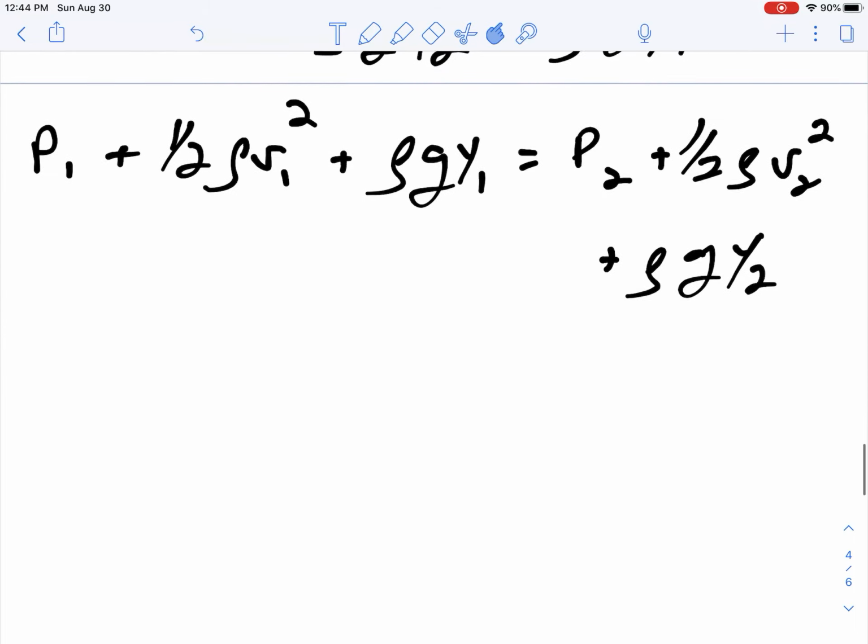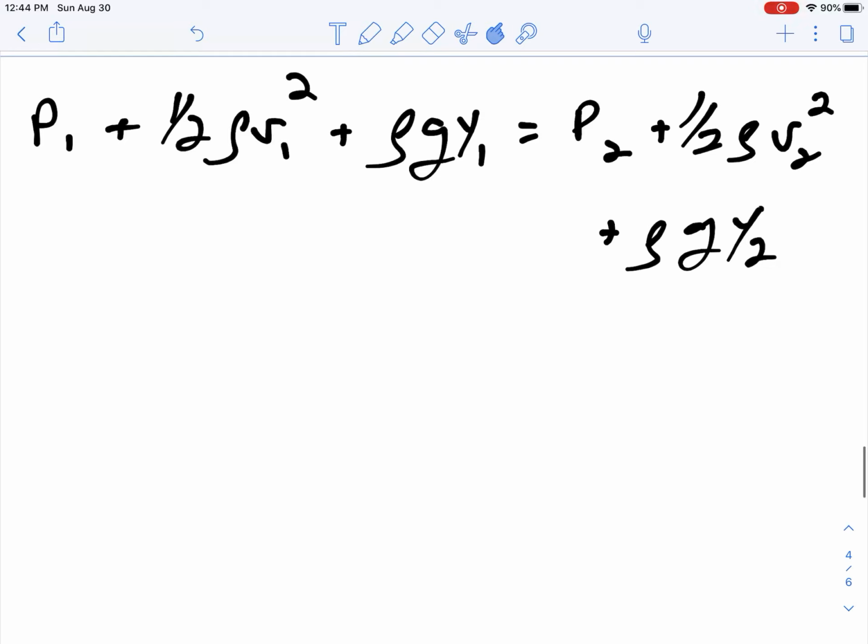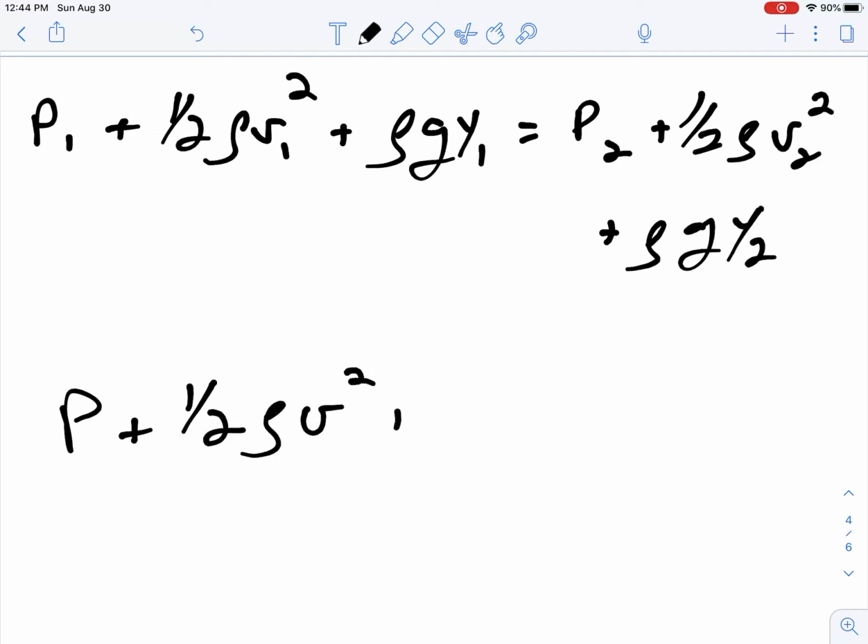And that is Bernoulli's equation. A simpler way to write it is that pressure plus the volume averaged kinetic energy plus the volume averaged potential energy is constant.